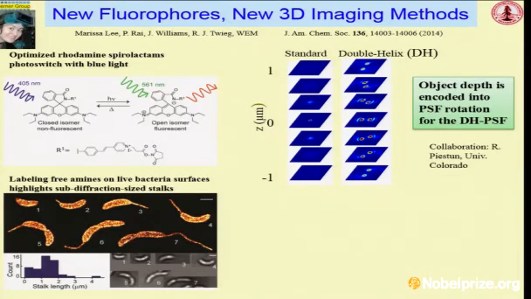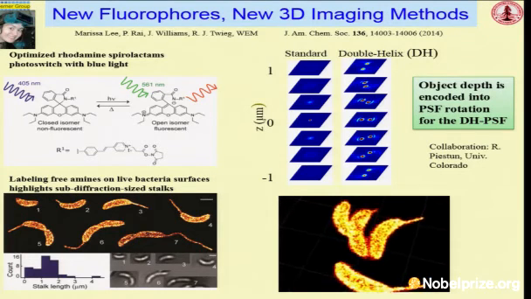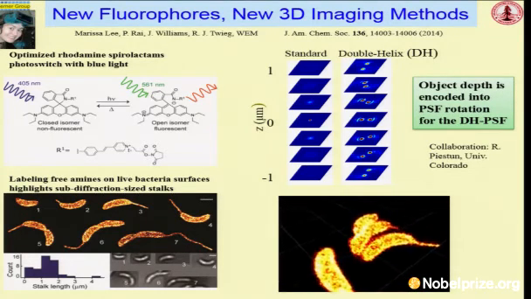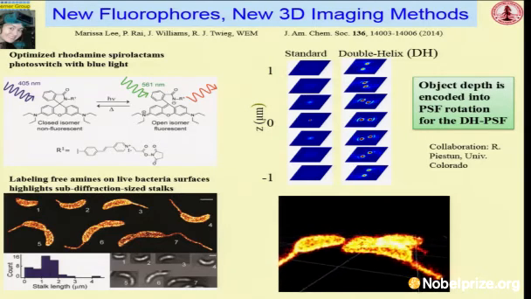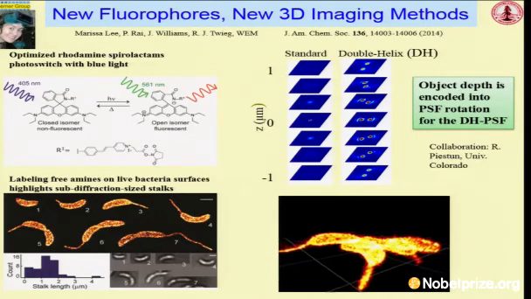So for a particular position Z, I just look at this angle of the two spots and I can tell you what Z is. All right? So you get X, Y, and Z from the camera, object depth being encoded into this revolution of the two spots. And this is what you see then for Caulobacter crescentus cells labeled on the surface with this molecule, but imaged in 3 dimensions using the double helix microscope.